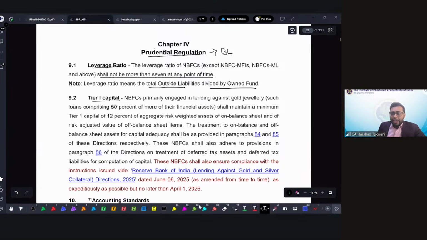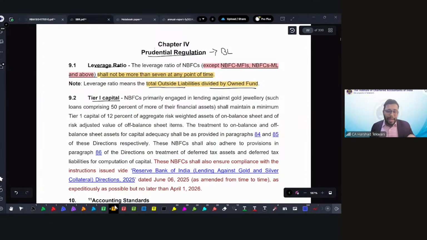So for leverage ratio, except for MFI, ML and above, okay, like MFI, middle layer or upper layer, top layer, except for them, this is the exception. You are not required to exceed the level of 7. It has to be lower than 7 at any point in time. Okay. So the formula is total outside liability divided by own funds.